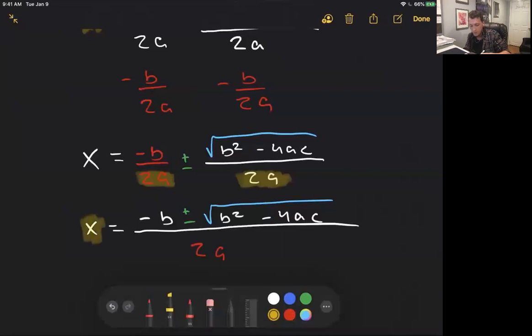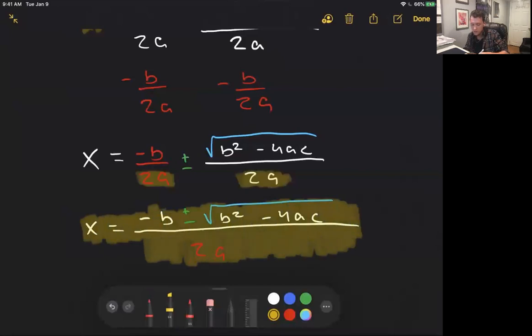And lo and behold, we have the quadratic formula. We took standard form of a quadratic and we derived the quadratic formula. That is exactly what we wanted.